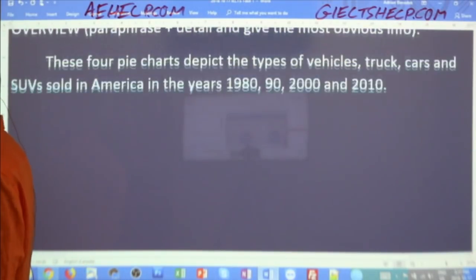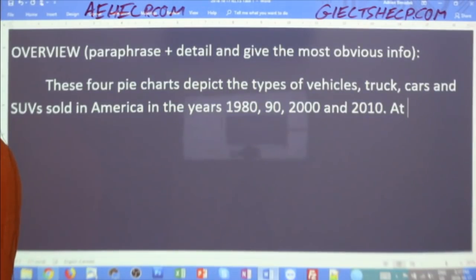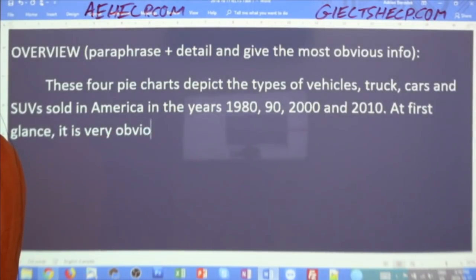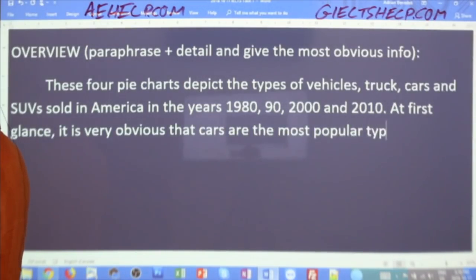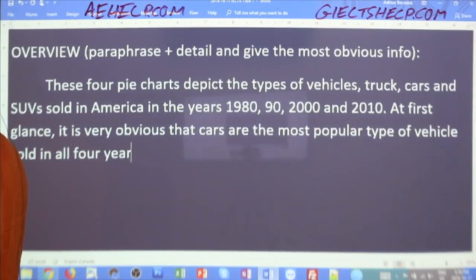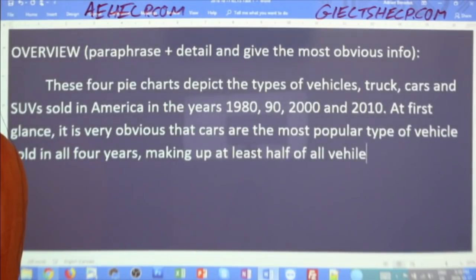You could do this different ways, but a good sentence would be something like, at first glance, it is very obvious that cars are the most popular type of vehicle sold in all 4 years, making up at least half of all vehicle types, or half of all vehicles purchased.